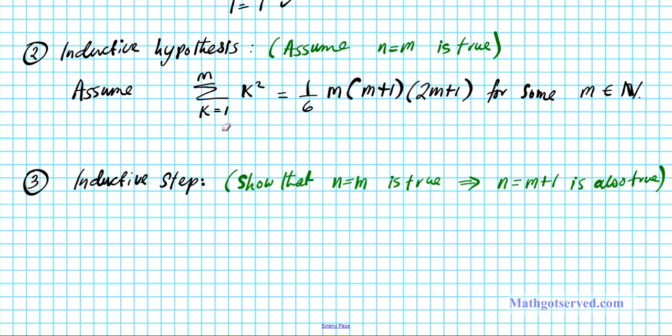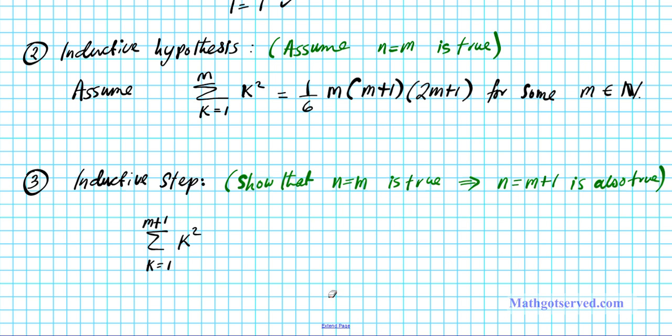I'll show you what the goal is in a minute, but on the left side of the equation, I'm going to start with the discrete sum from k equals 1 all the way to what? m plus 1, because we're taking a step up, of k squared. Now, what is this entire expression equal to? Is the question.